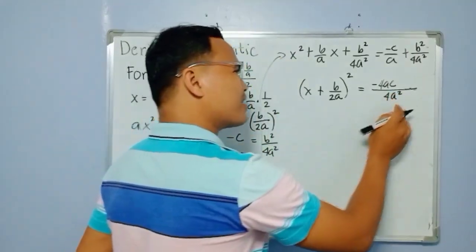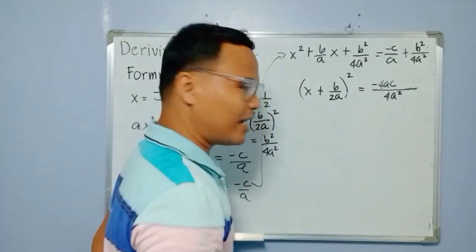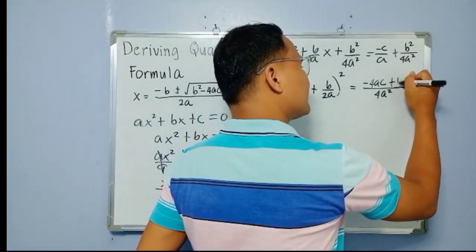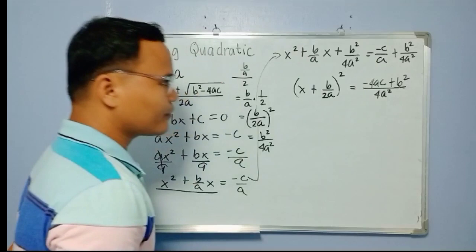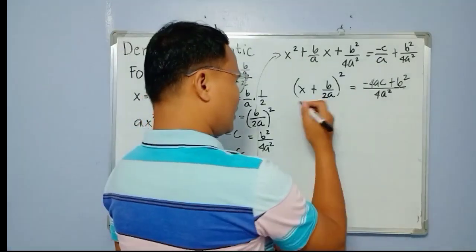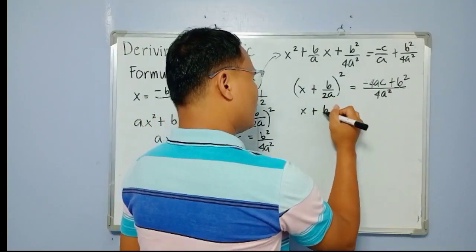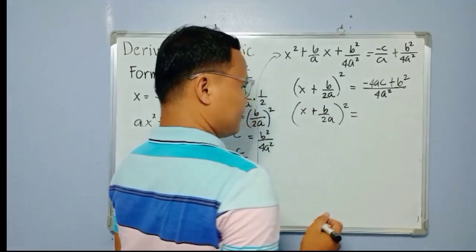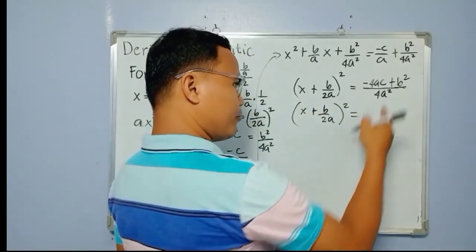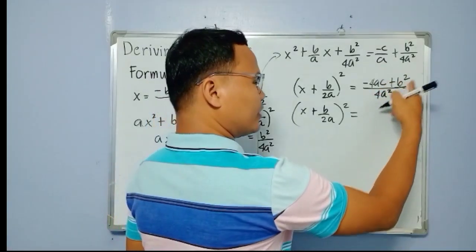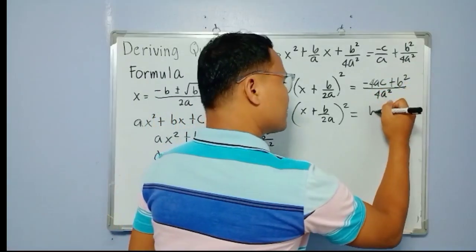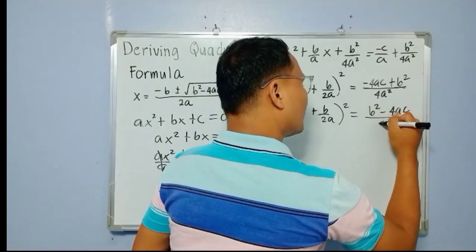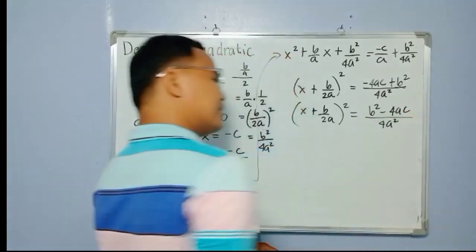Then 4a squared divided by 4a squared, the answer is 1, and multiplied by the numerator, we have plus b squared. Then copy x plus b over 2a, all squared. We are going to arrange the terms, so we start with b squared minus 4ac all over 4a squared.